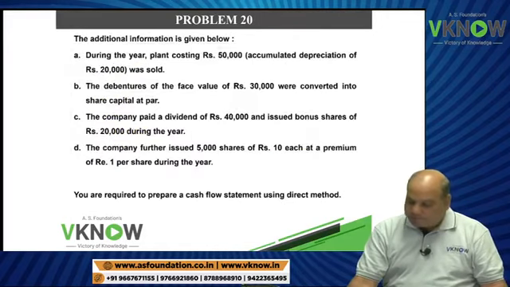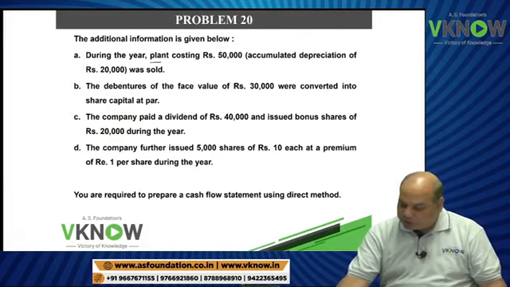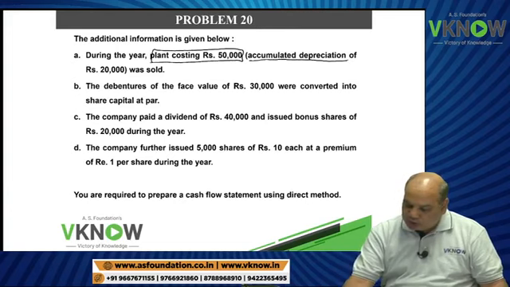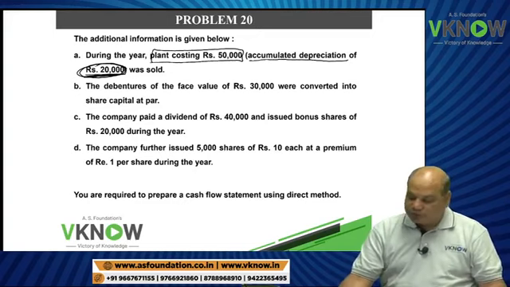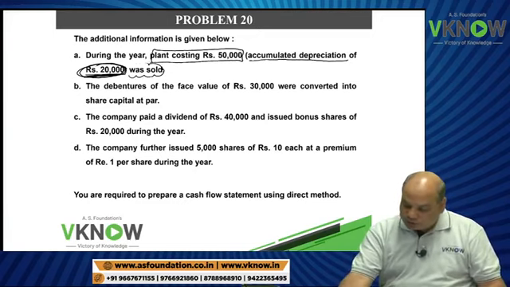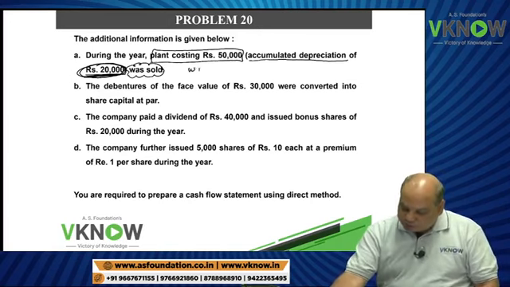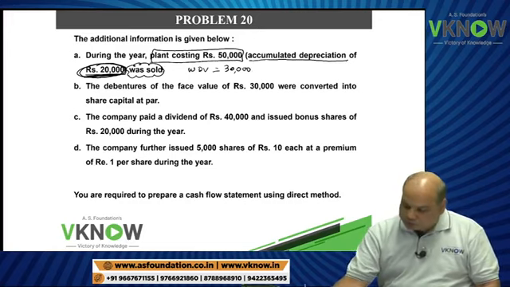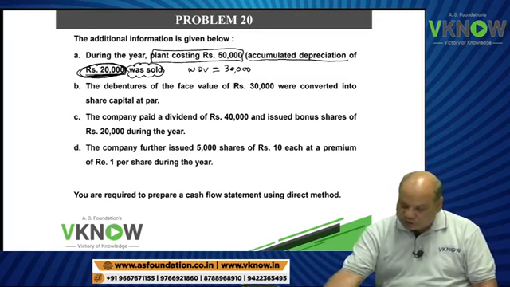During the year, plant costing rupees 50,000, with accumulated depreciation of 20,000, was sold. So it means the WDV of the plant sold was 30,000.